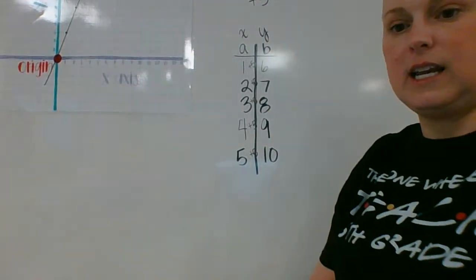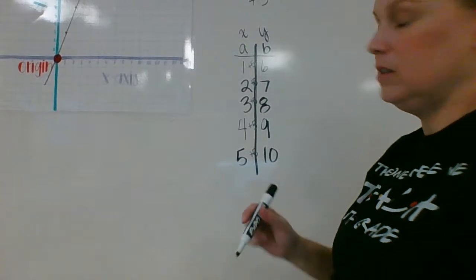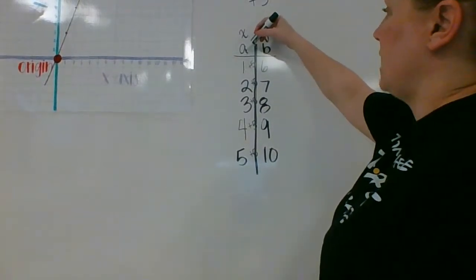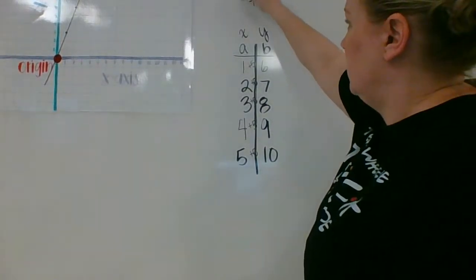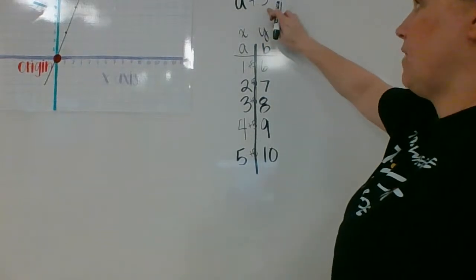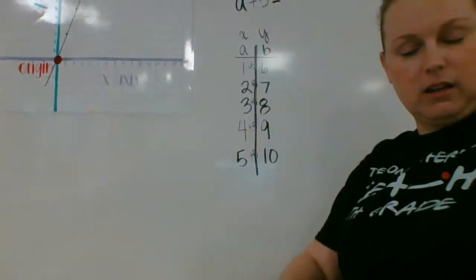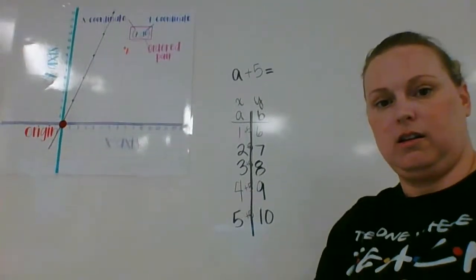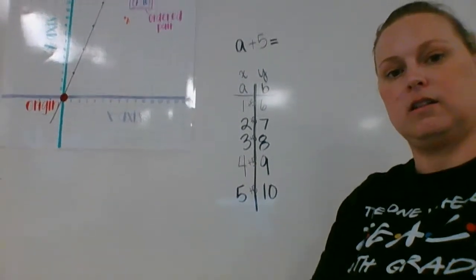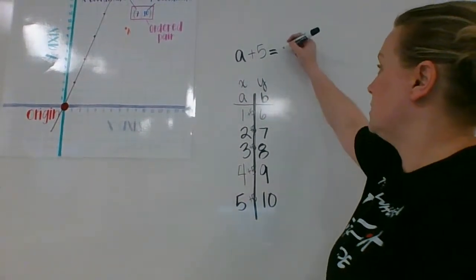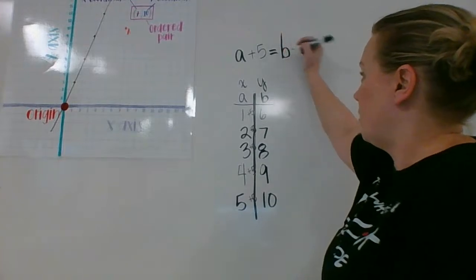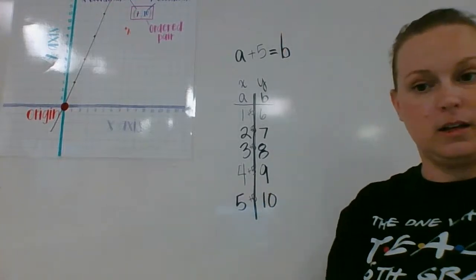But what is getting added to 5? We're taking A and adding 5 to get B.